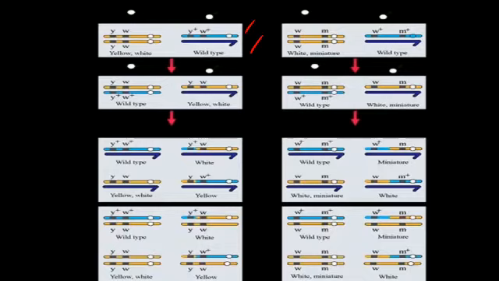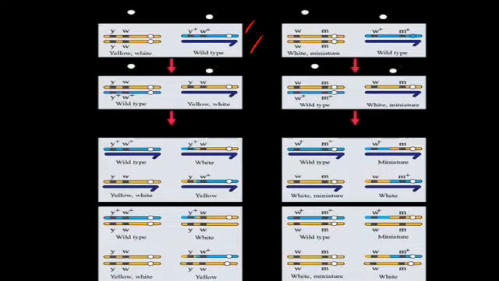Yellow body is represented as y and brown body is represented as y plus. Similarly, he saw the eye colors white and red. White is represented as w and red is represented as w plus.